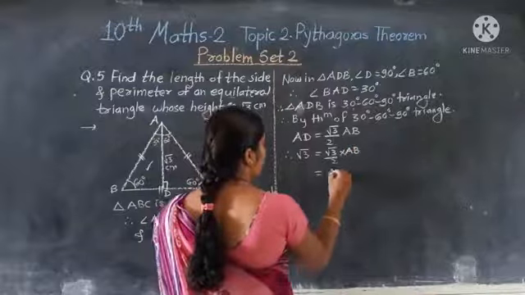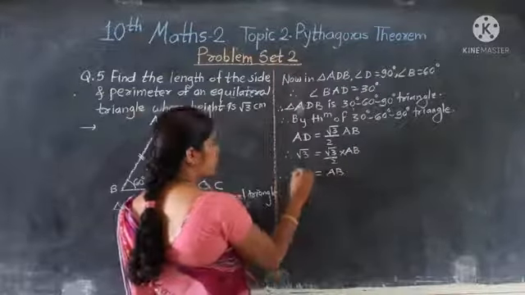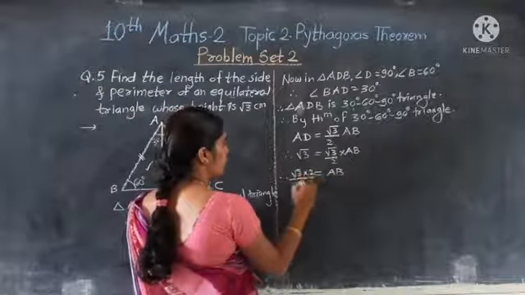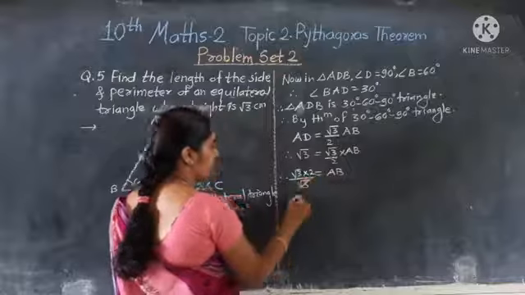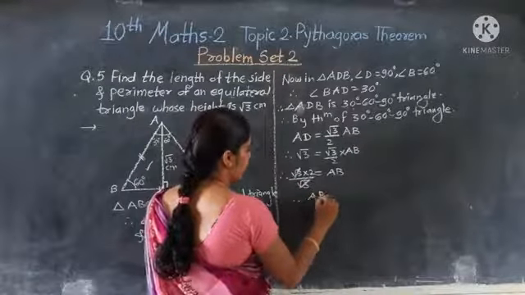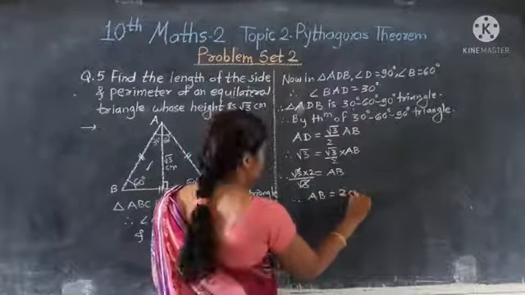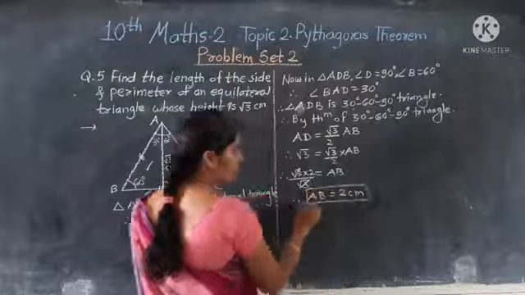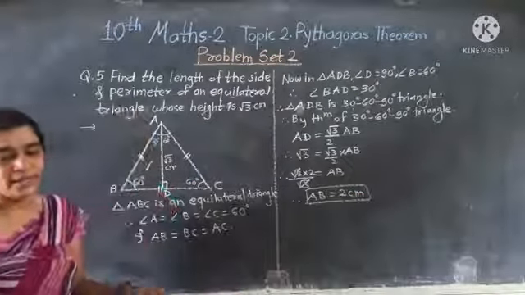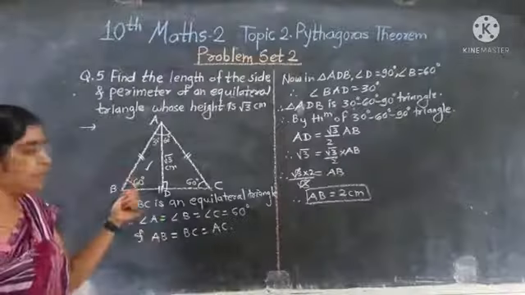So we get AB as root 3 into 2 upon root 3. Root 3 gets cancelled. So we get AB is equal to 2 centimeter. We get the side as 2 centimeter.